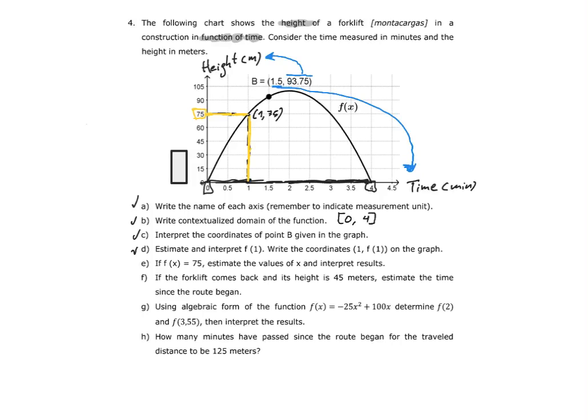But you need to keep going through that height and see what happens. And voila, it meets the function at another point, and the first coordinate of that point is 3. So we can say the forklift is going to be at a height of 75 meters after 1 minute and after 3 minutes.